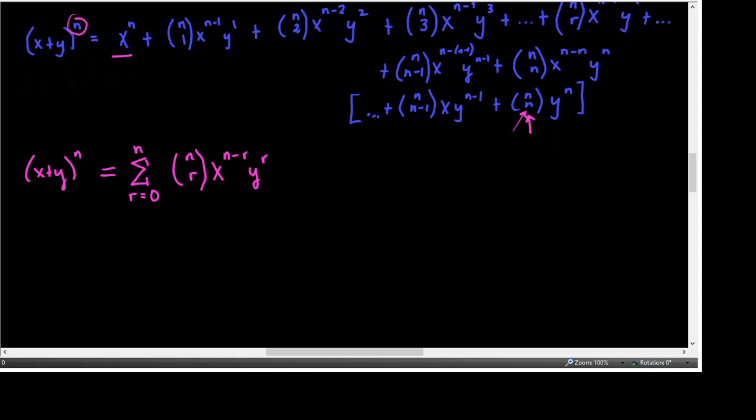Okay, so let's do an example of that. We are supposed to, in this example, take x plus y and raise it to the 9th.